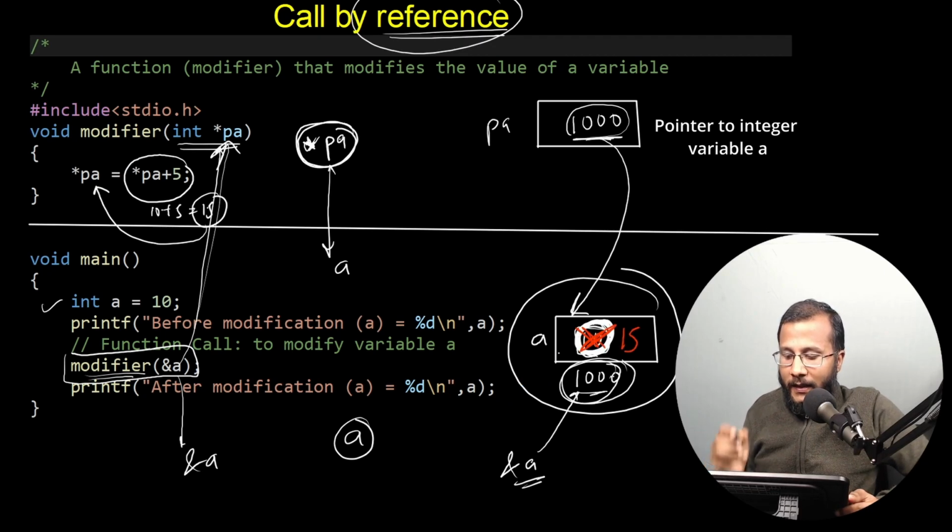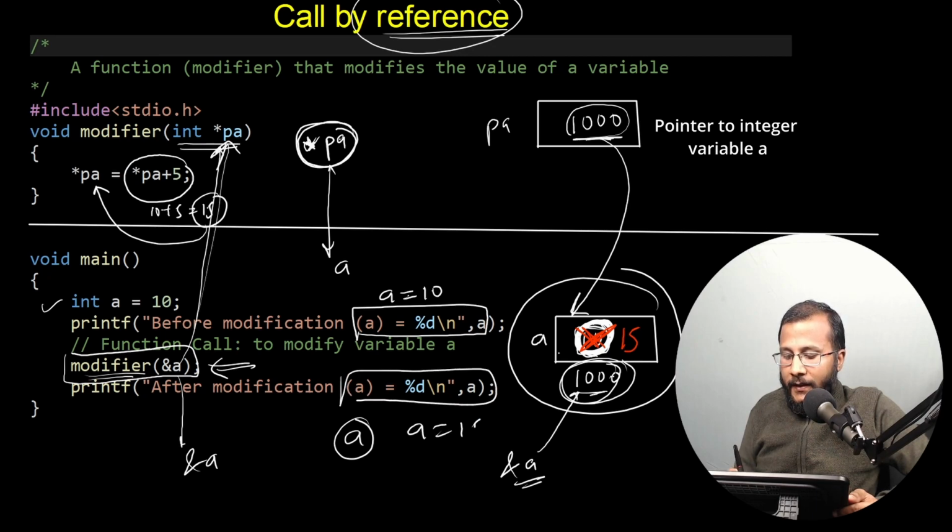So now it is actually modifying this and updating this to 15. Now if you print, you will see before the modification a is 10. Once modification is performed, once you call this modifier function, you are calling by reference, the value of a is now modified to 15, and once you print it here, after modification, a is how much? It is 15.